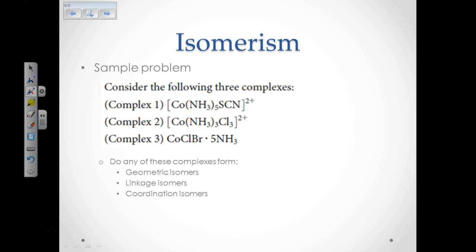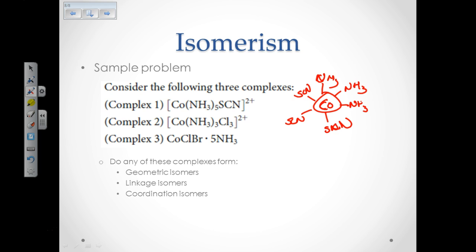Geometric isomers exist when you have an ion that can switch spots with the ion that is the counter ion. So if we look here, this is only going to be cobalt, Co, and then it's going to have a nitrogen, and then SCN, SCN, and SCN.